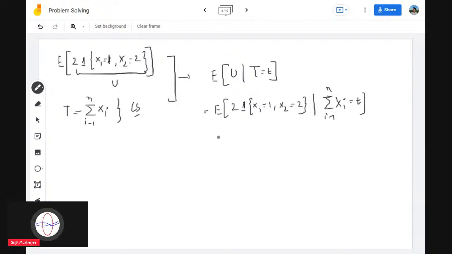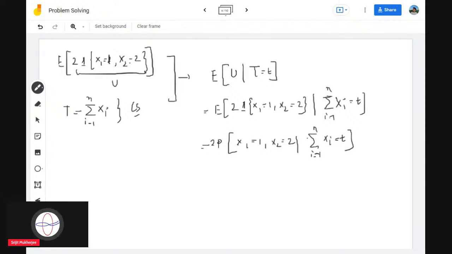Now expectation is probability, so you can write twice the probability of x1 is equal to 1 and x2 is equal to 2 given summation xi.